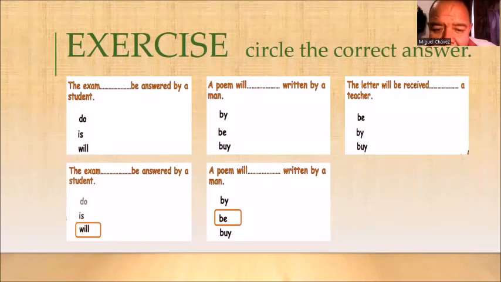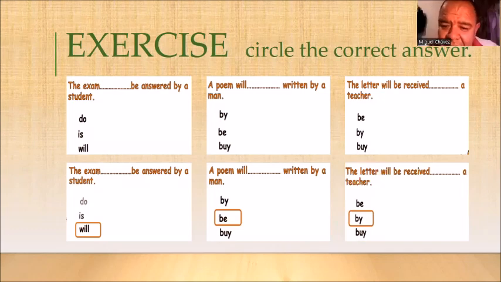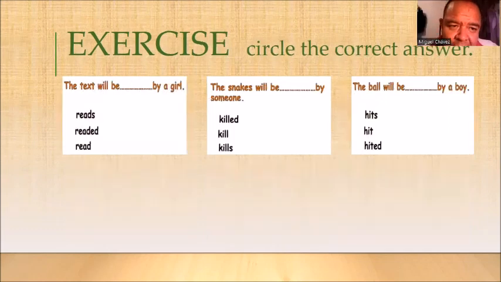Okay. The third one, please. A volunteer for the third. The letter will be received by a teacher. Yes, Kate. Thank you so much. By the teacher. Okay. Another volunteer, please.